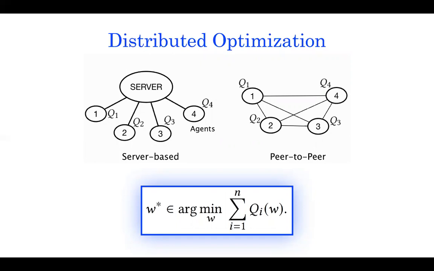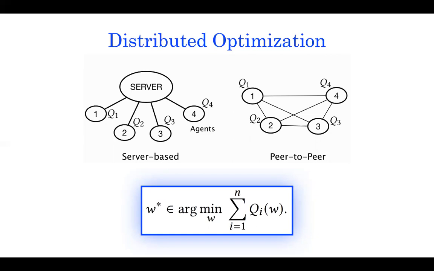Each agent has a cost function, represented by Q, that depends upon a global variable represented by W. The objective of the agents is to compute an optimum point, W star, that minimizes the aggregate of all the agents' cost functions.